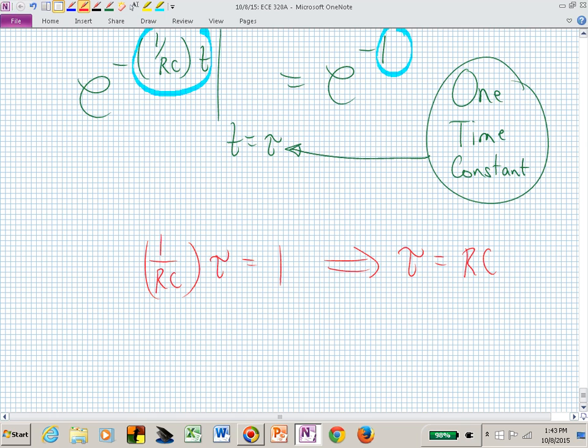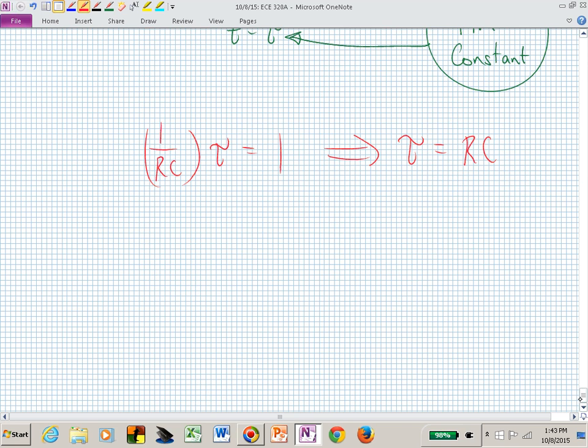Here's 1 time constant. What's 5 time constants? 5 RC. So now that's how long it's going to take for your system to settle to its final value. And what was the final value of this particular circuit? For the initial condition that we said, which was starting at 2, this is decaying to 1.